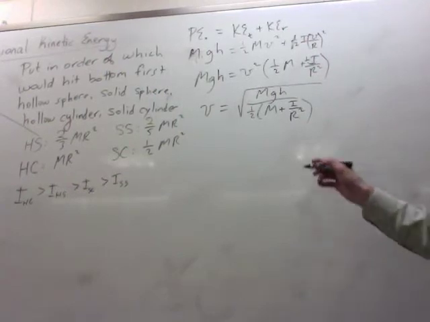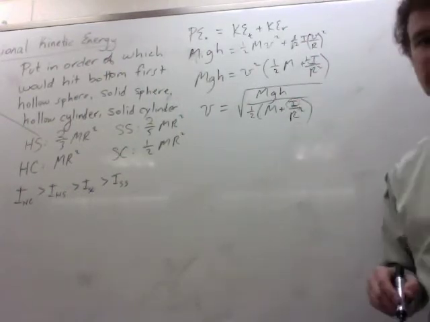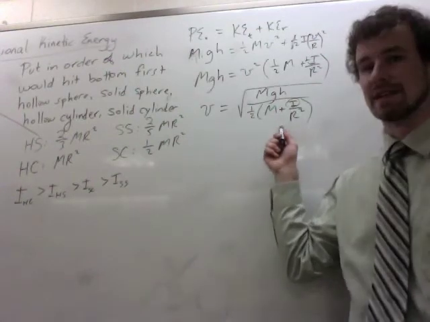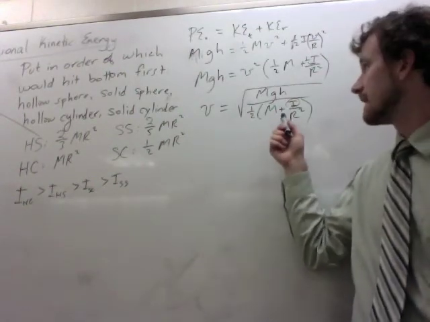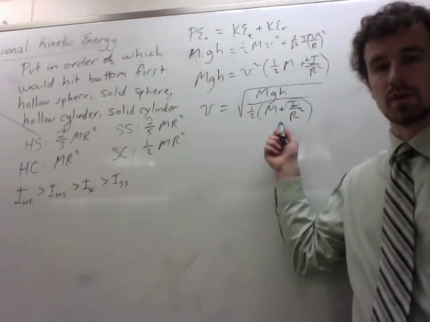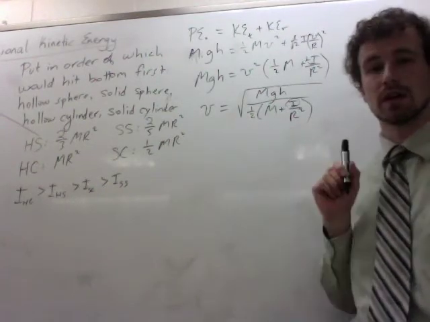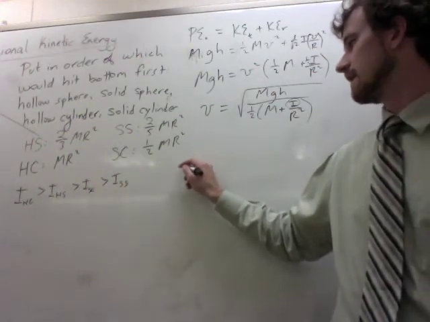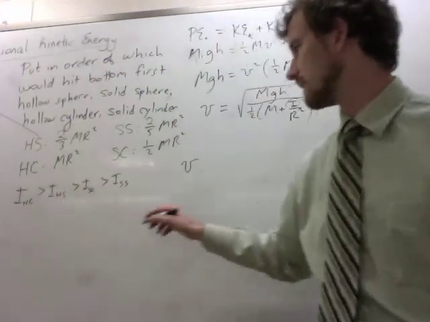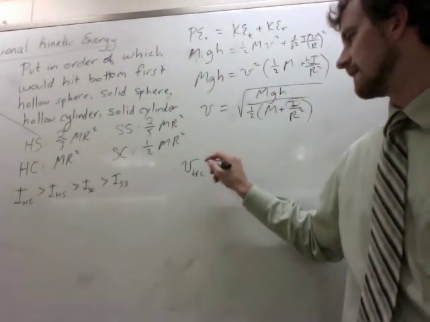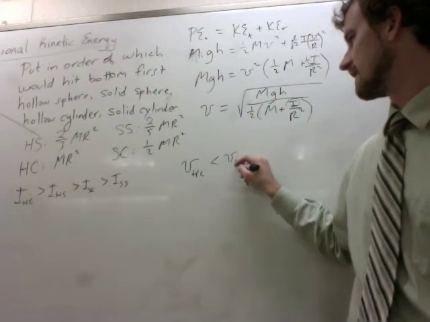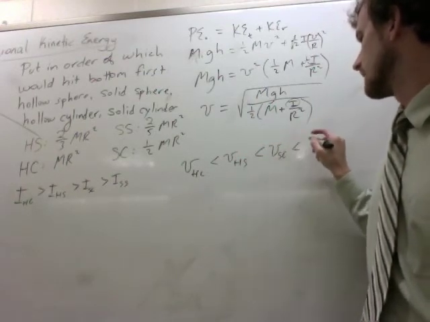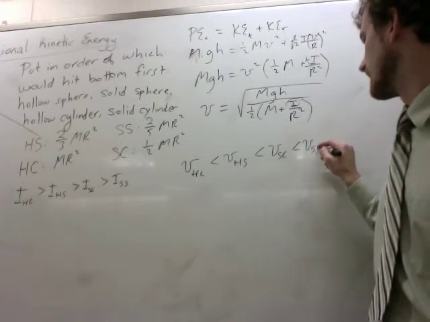Now remember, all of these things are the same except for the moment of inertia. And since the moment of inertia is being added to the denominator here, a greater moment of inertia will result in a smaller velocity. So the greatest moment of inertia was the hollow cylinder, so the velocity of the hollow cylinder is going to be less than the velocity of the hollow sphere, which will be less than the velocity of the solid cylinder, which will in turn be less than the velocity of the solid sphere.